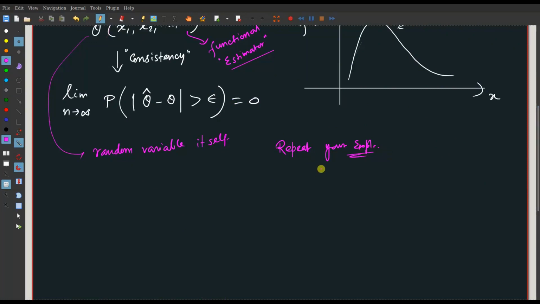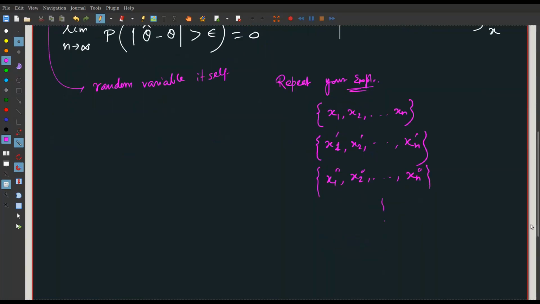Suppose in the first go you have measured x1, x2, dot dot dot xn. These are your values. In the second try you get x1 prime, x2 prime, dot dot dot up to xn prime. In the third measurement you got x1 double prime, x2 double prime, up to xn double prime, and so on. So you understand this thing.